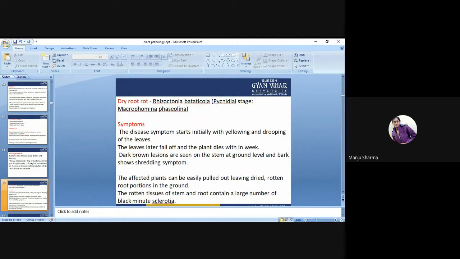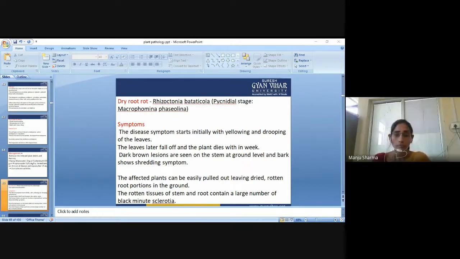The next disease is the dry root rot disease, which is caused by Rhizoctonia bataticola. Its pycnidial stage is Macrophomina phaseolina.